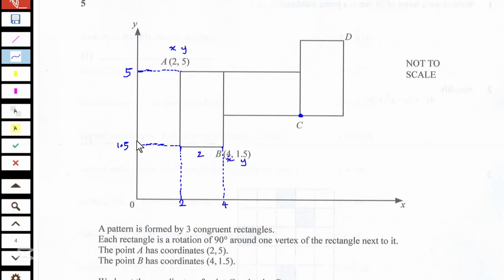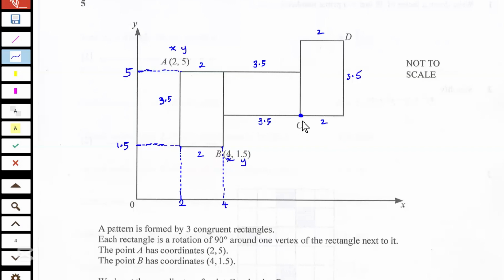And the distance from 1.5 to 5 means the length of the rectangle is 3.5. So since the rectangles are congruent, here we've got 2, this is going to be 3.5, 2, and 3.5.